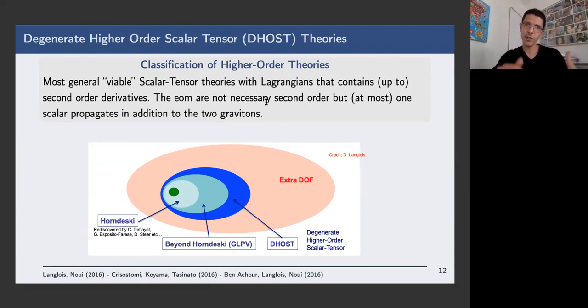The equations of motion, the Euler-Lagrange equations of these theories, are not necessarily second order, but what is sure is that we have at most one scalar which propagates in addition to the 2 gravitons. So this is interesting. And now we know that these DHOST theories encompass all that we knew before: the beyond Horndeski, the Horndeski, and also the green part, which are the usual, traditional scalar tensor theories.